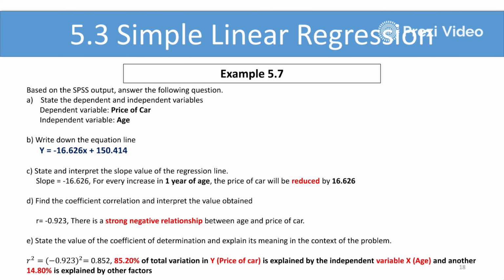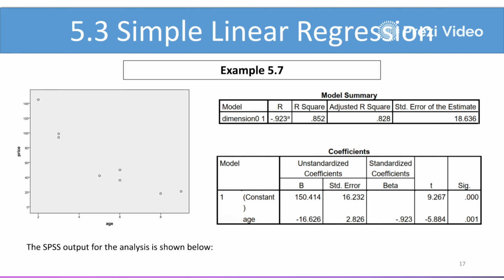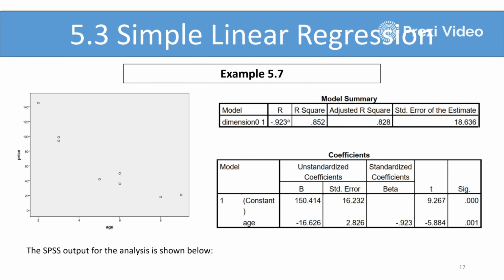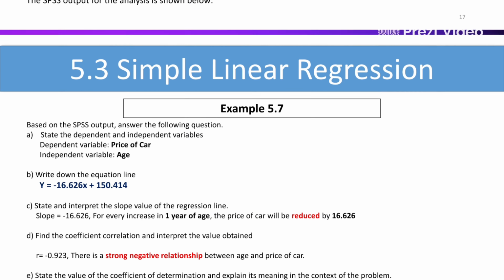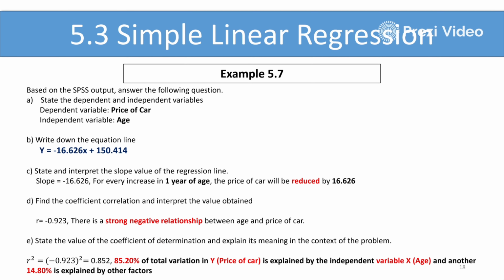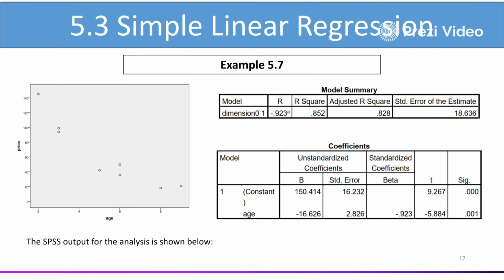So ini example lah kalau soalan tanya state the dependent and independent variable, kita kena dapat dengan tepat. Pertamanya independent variable akan nampak dekat bahagian ni, ditulis nama variable. So this is the independent variable. And the remaining, the dependent variable, is price of the car.